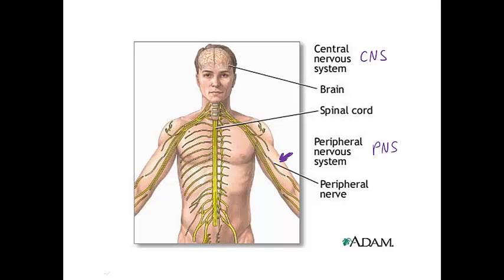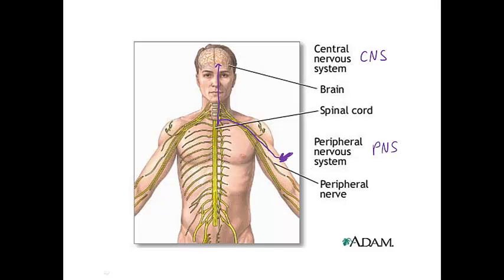Those receptor cells are going to send an electrical signal from the peripheral nervous system through to the central nervous system, part of the spinal cord, for integration. So we might have a nervous signal that travels up to the brain and says, ouch, that hurts.